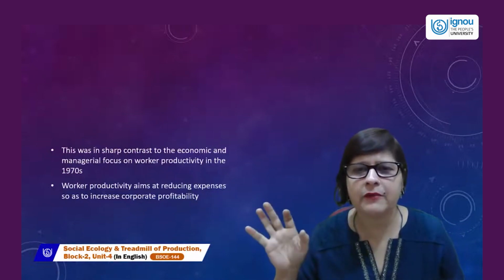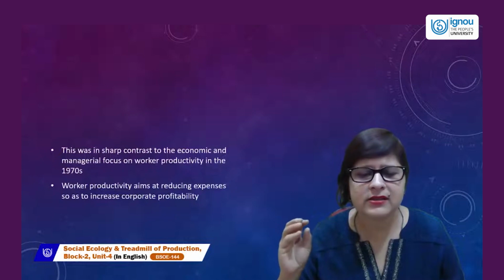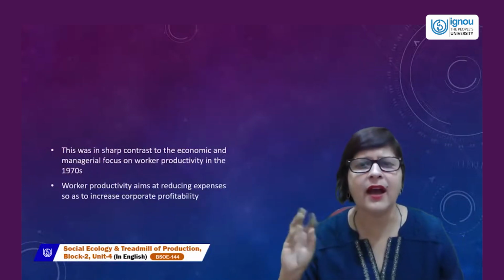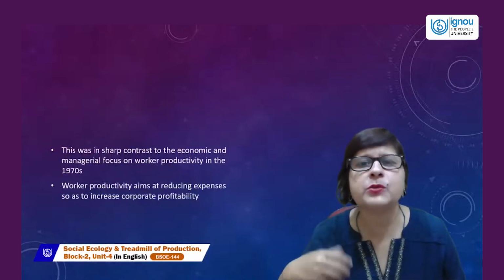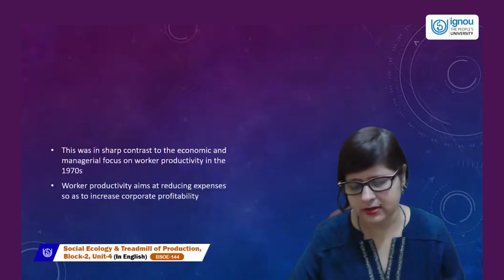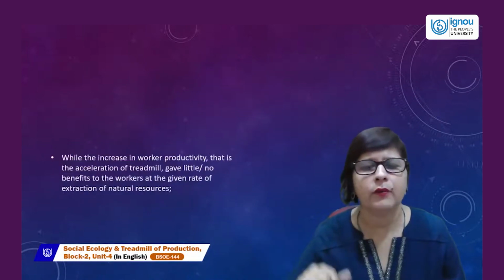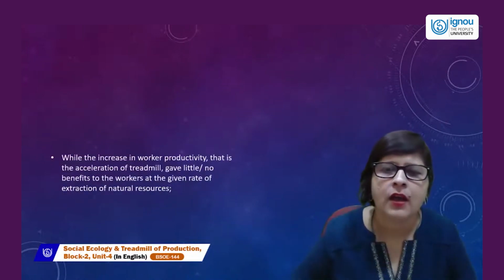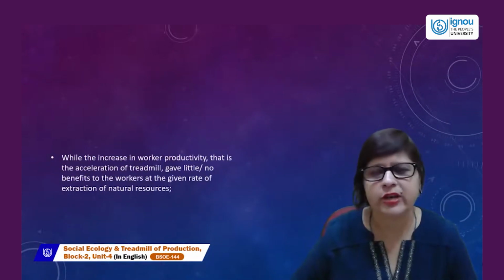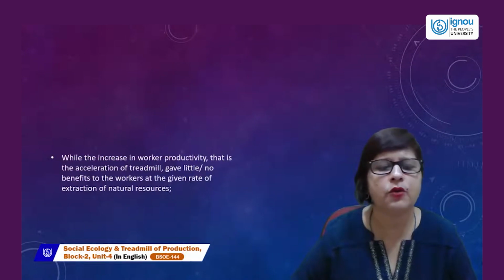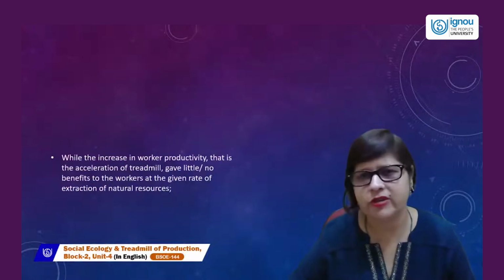In worker productivity, there is a reduction in expenses to increase the profitability. And in capital productivity, there is an exploitation of the workers. So in any case, workers suffer, while the acceleration of the treadmill gives little or no benefits to the worker at a given rate of extraction of natural resources.